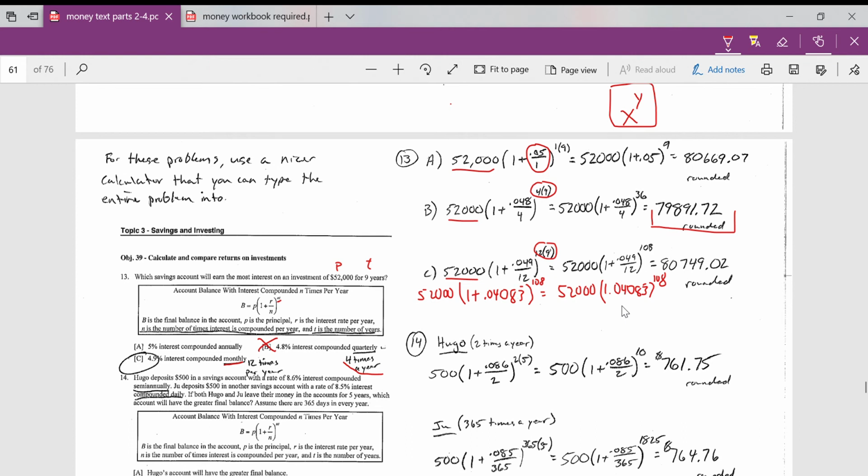Then I'm going to keep that there. I'm going to hit this power button and type in 108. I'm going to end up getting 1.55 something. So I still have this. It didn't change the number by a lot.